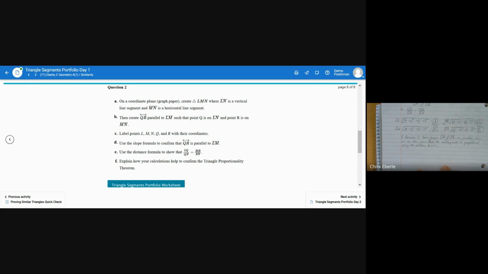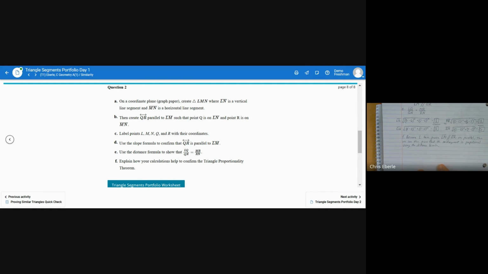And then F says explain how your calculations help confirm. Okay, well, I've proven that LM and QR are parallel. Then we can use that to prove that the mid-segment is proportional using the distance formula. So I've taken the information about the slope and the information about the distance formula to make that connection.